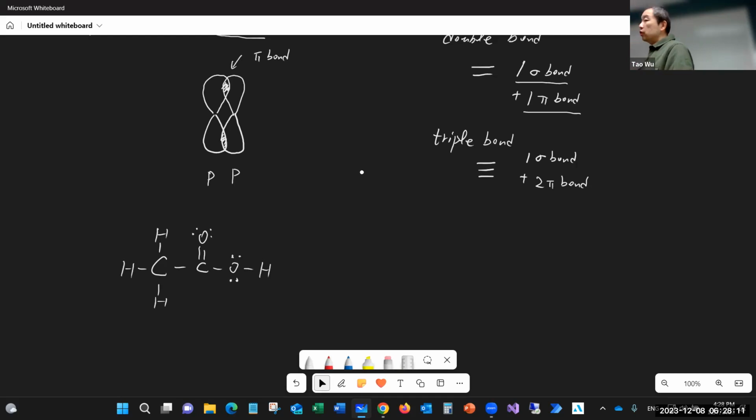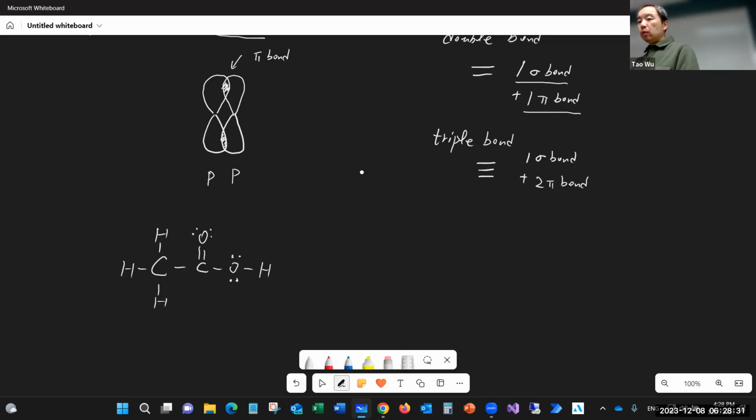Then just based on what we learned: all single bonds are sigma bonds, a double bond contains one sigma and one pi, and a triple bond contains one sigma and two pi's.